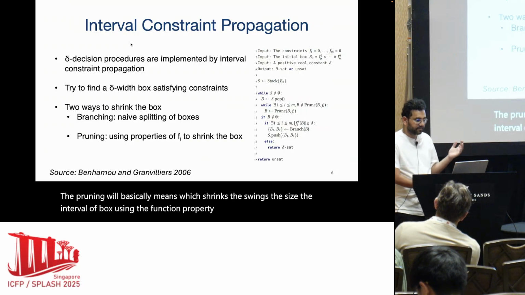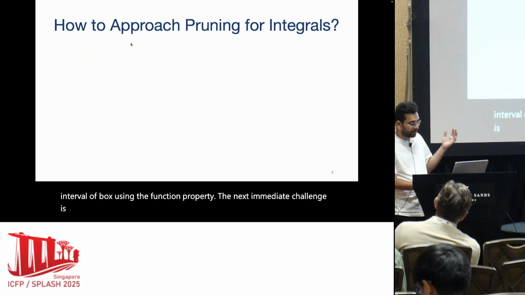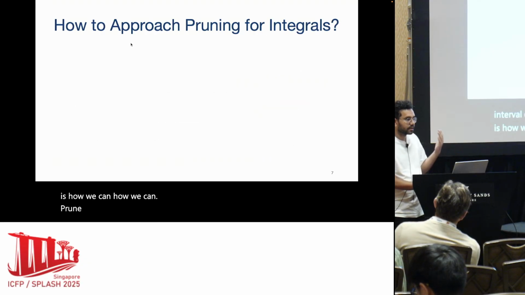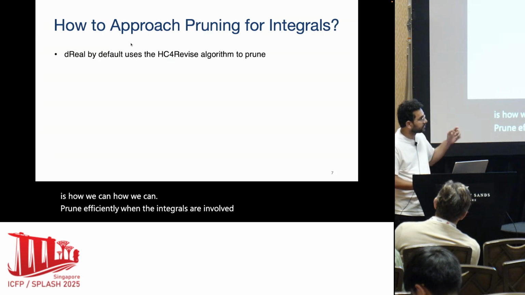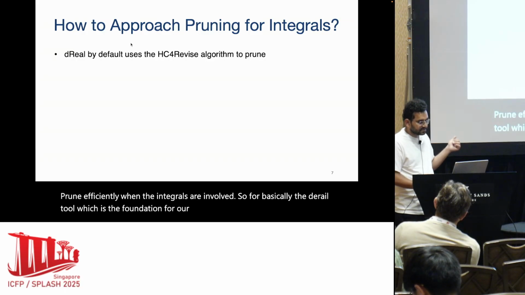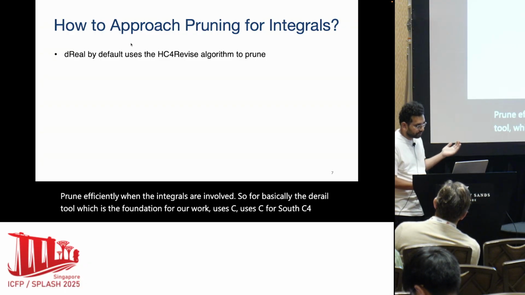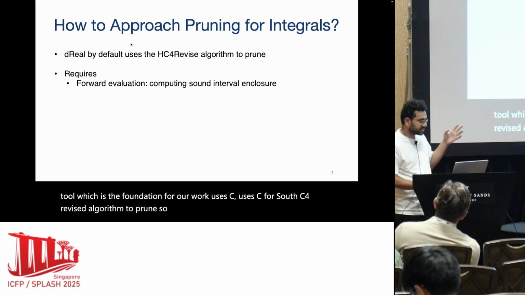The next immediate challenge is how we can prune efficiently when integrals are involved. The dReal tool, which is the foundation for our work, uses a revised algorithm to prune. Basically it has two parts.